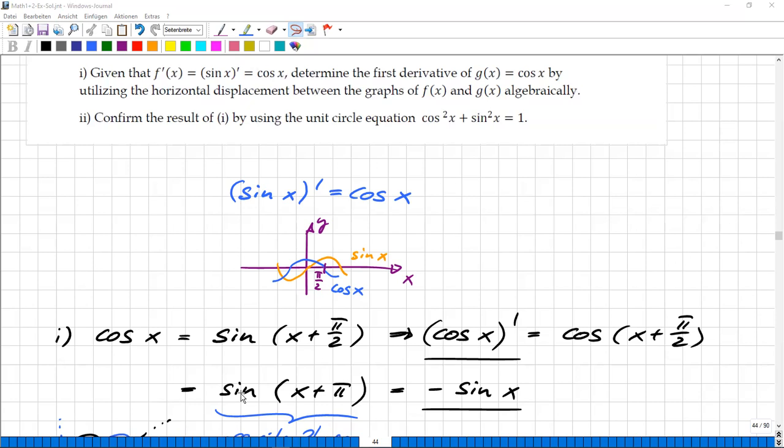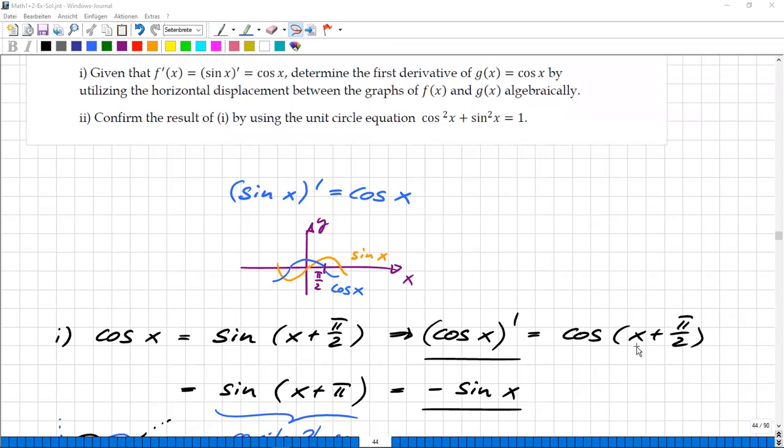And since the displacement is always due to taking plus pi over 2, expressing a cosine using a sine, right? So inside here, this argument must be incremented by pi over 2 again.